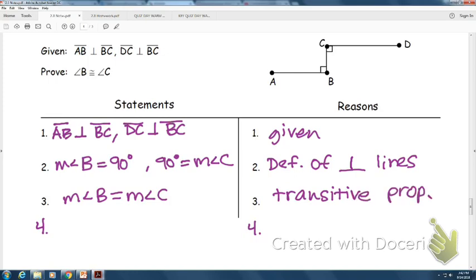Sweet. Okay, now I have two angle measures equal to each other. So what can I say next? Angle B is congruent to angle C. And what is my reasoning? Definition of congruent angles. Very good.